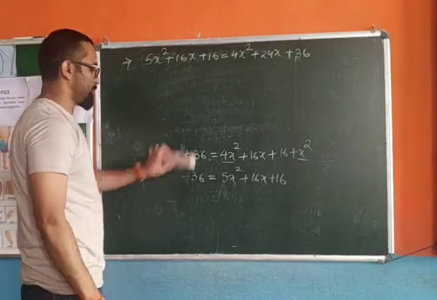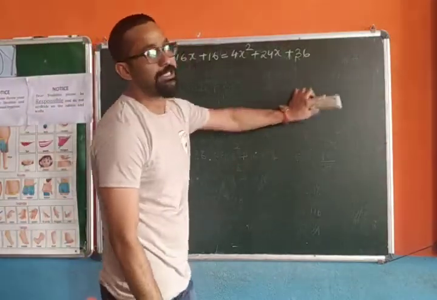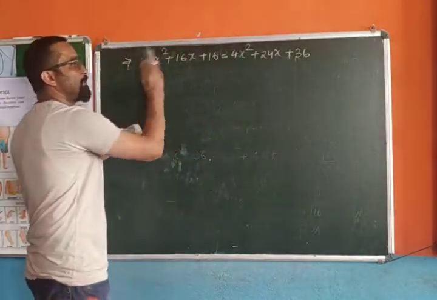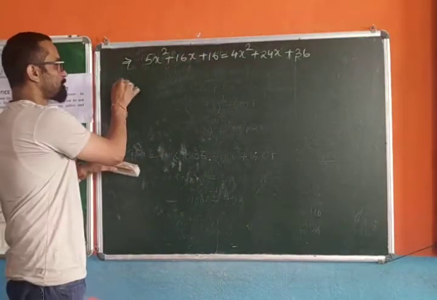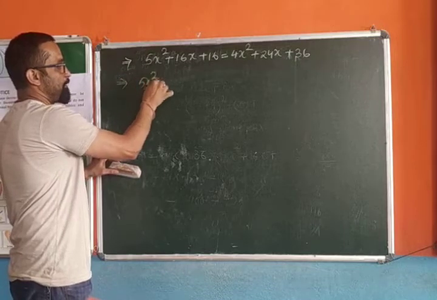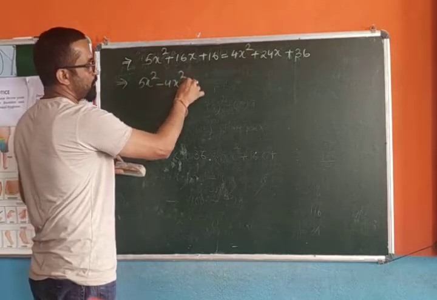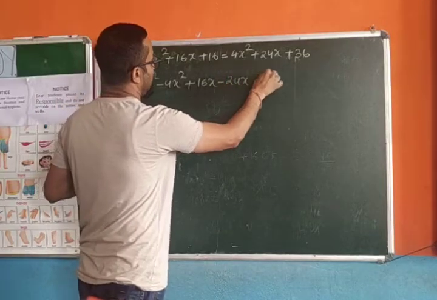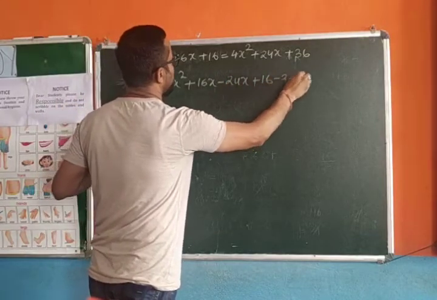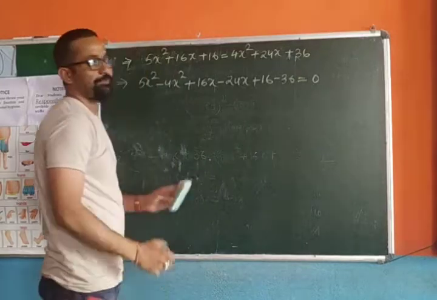Once you get this arrangement done correctly, take all the terms on the left hand side. 5x squared minus 4x squared plus 16x minus 24x plus 16 minus 36 equal to 0.